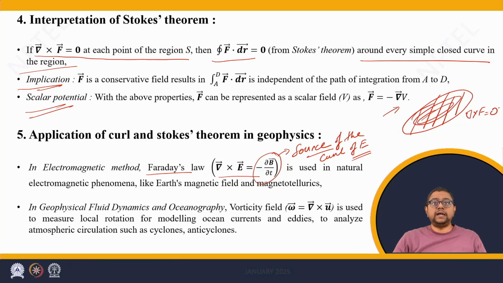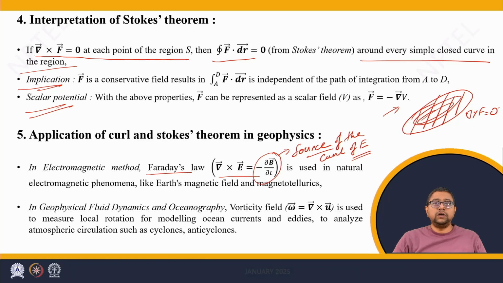Which means that if the magnetic field varies with time, the curl of the electric field increases or decreases as the case may be. So this is used in natural electromagnetic phenomena like the Earth's magnetic field and magnetotelluric investigations.